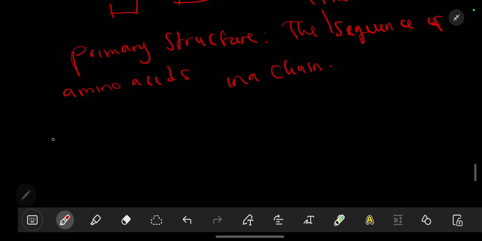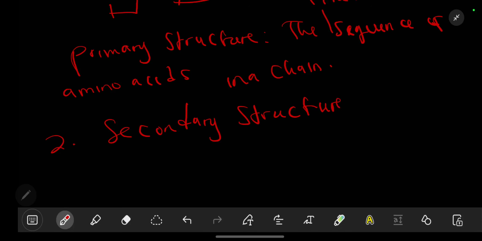The second thing is what we call the secondary structure. This is the primary structure, then we are going to have the secondary structure. The secondary structure is made up of local shapes in a chain.